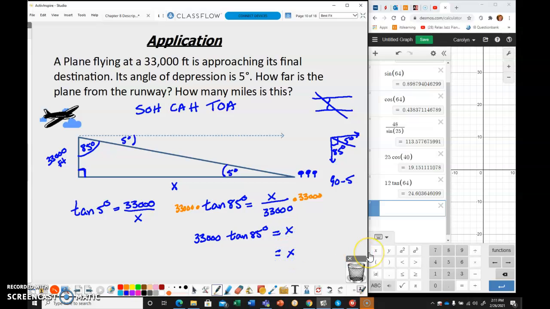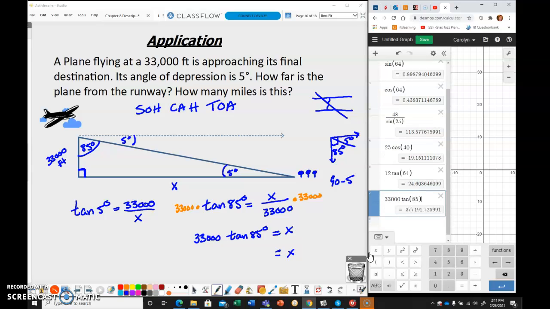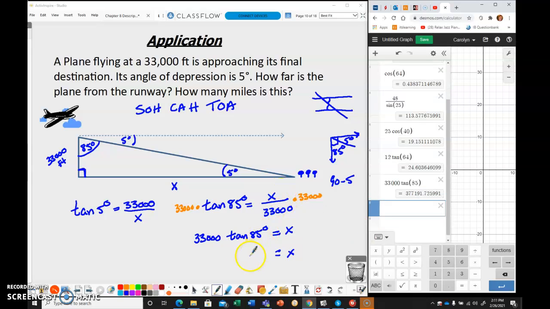So then I move to my calculator. 33,000 times the tangent of 85 degrees gets me 377,191.7 feet. Now we could calculate how many miles that is.